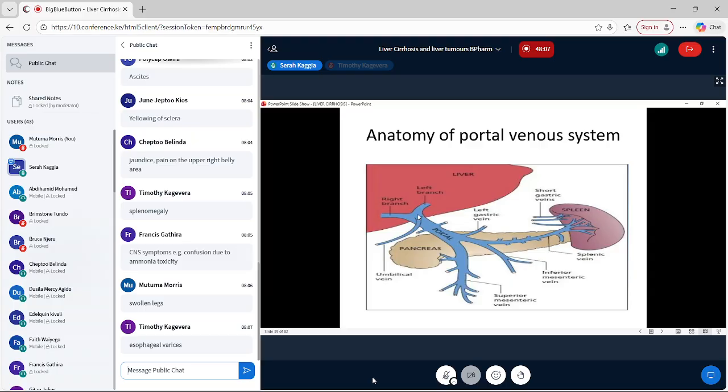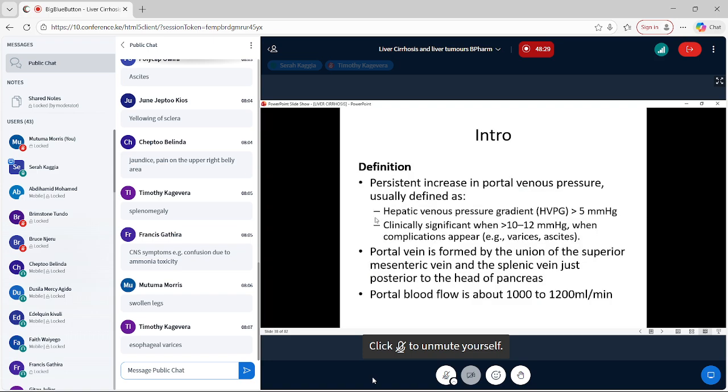And that is what we're calling high. You have to look at things that would make this portal pressure increase, but you have to understand anatomically what the portal venous system is. This is it.